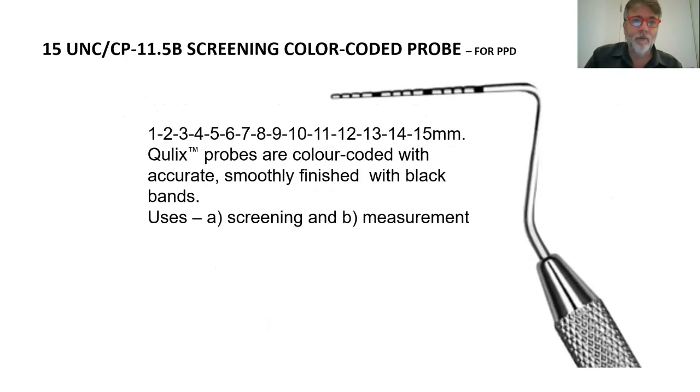Now, the probe I recommend for this is this one here. It has these very fine marks, it's not the same as a periodontal probe, it's a little bit different. It has these little marks at 1 millimeter, and you need to be able to measure these 1 millimeter marks. And the dark ring that you see is a color probe.